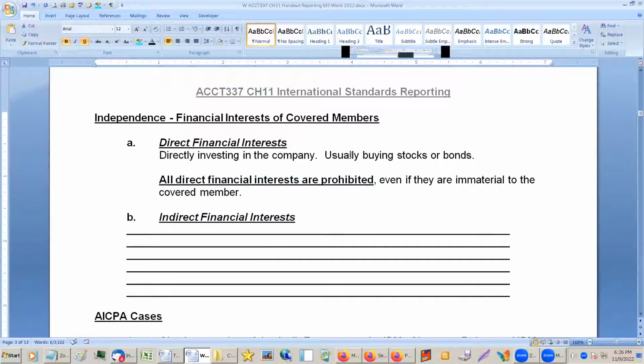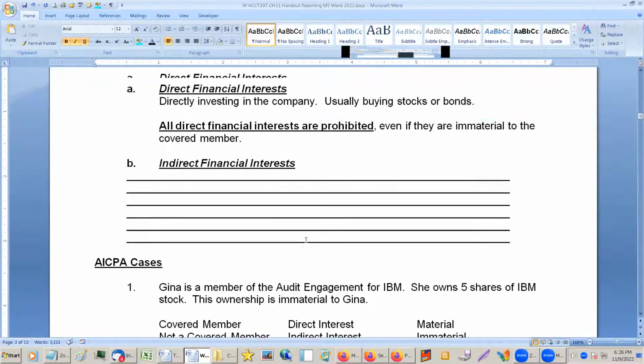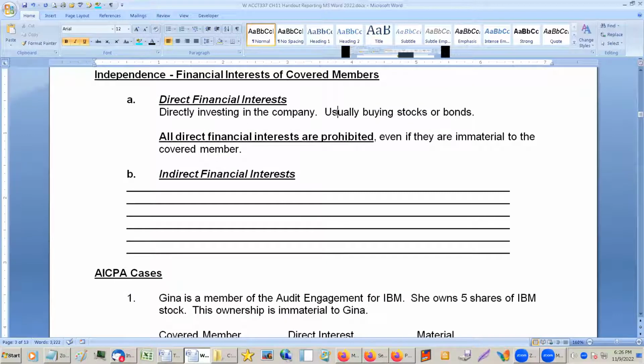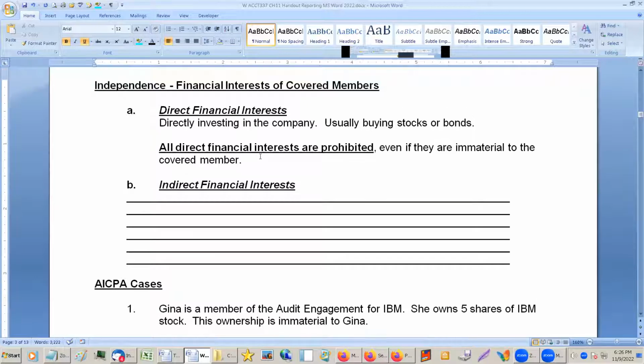So, for example, let's say we're auditing IBM. If I'm using IBM, you cannot own any IBM stock. One share is too much.